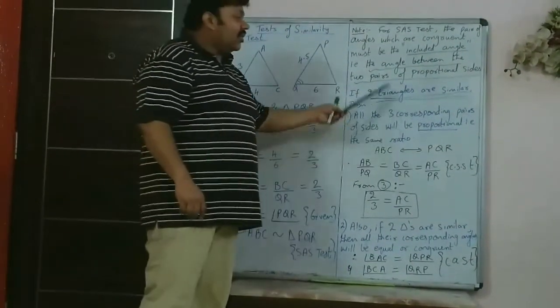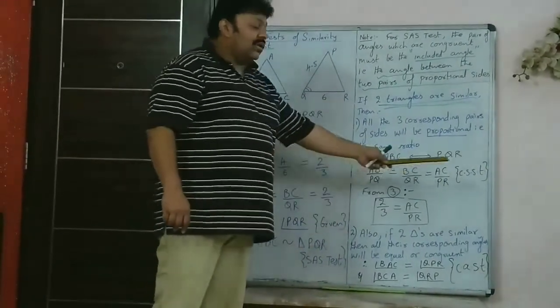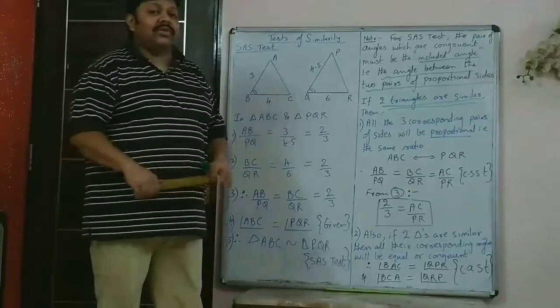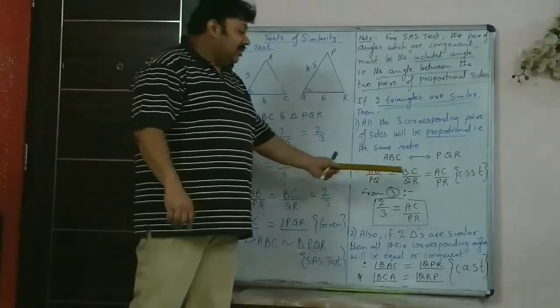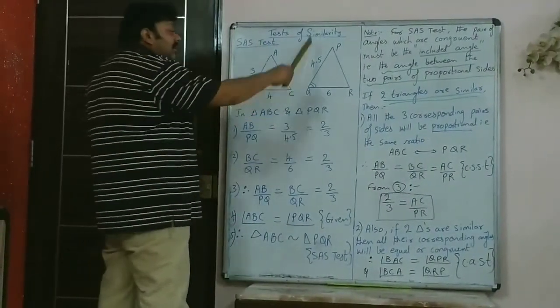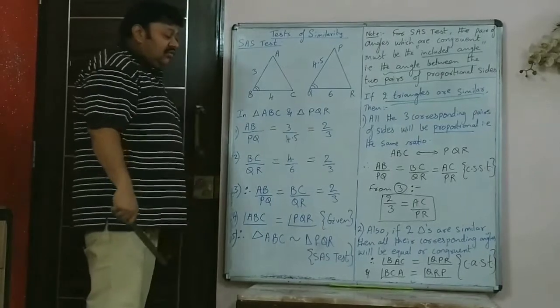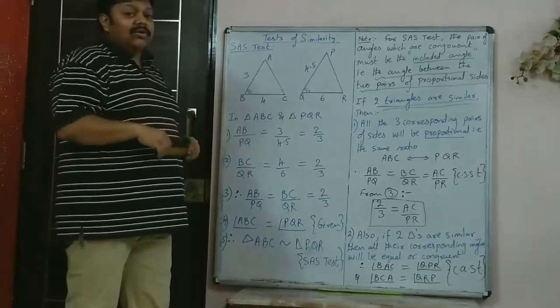Once you've proven the two triangles similar, you can say that all pairs of corresponding sides are proportional, not congruent, proportional. That means they are in the same ratio. So from that you could figure out that AC upon PR is 2:3. And all three pairs of angles will be congruent to each other.